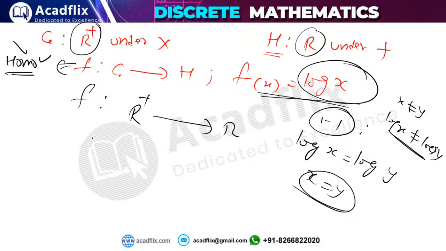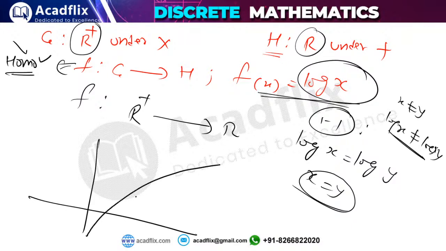Now let's check, is it an onto function? Yes, it is onto, and actually this logarithm function is onto. Why? Because if you see the graph of log, this is the graph of log. So the range of log is the real numbers. That's why you can say range is equal to codomain. So this is an onto function also.